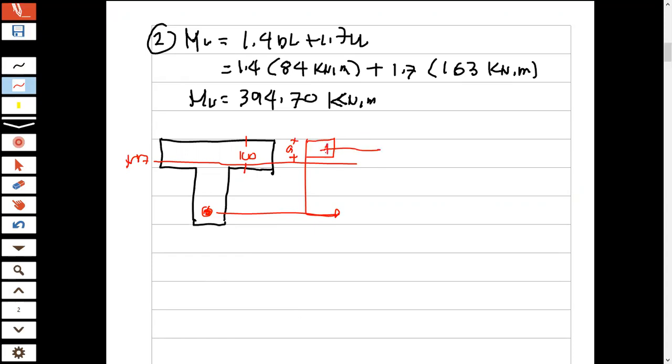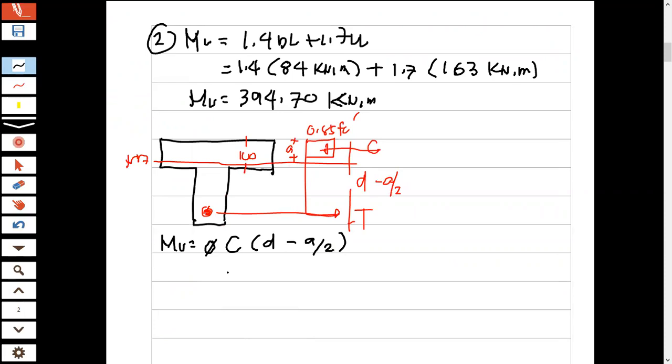Therefore, you have here as your C and then here as your T. This one is 0.85 f'c, and this is d minus a over 2. In other words, we have a moment Mu equal to phi times the compressive force C times d minus a over 2.